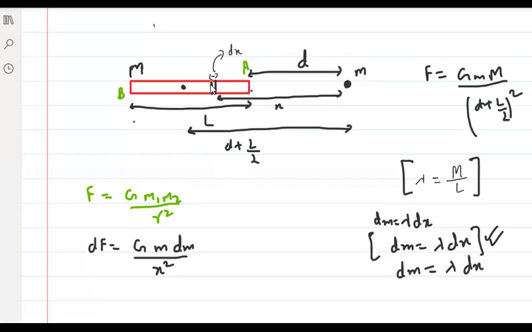So what I have taken, I have assumed a very small section of this whole rod, and the length of the small section will be dx. Yes or no? Dx is the very small section. It is so small that it can be considered as a particle. Right, everyone?